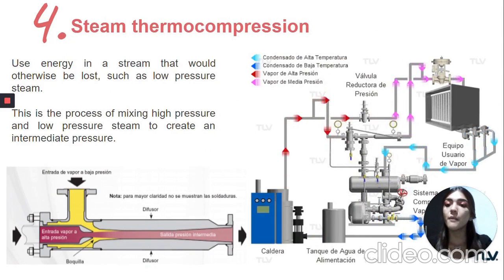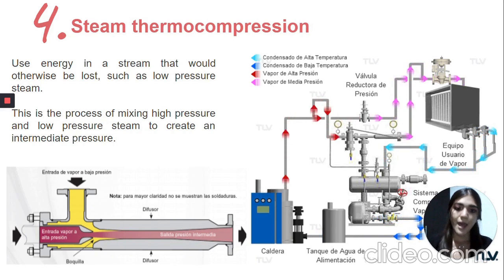Number 4, steam thermocompression. Thermocompression uses energy in a stream that would otherwise be lost, such as low-pressure steam. This is the process of mixing high pressure and low pressure steam to create an intermediate pressure steam using steam compression equipment.